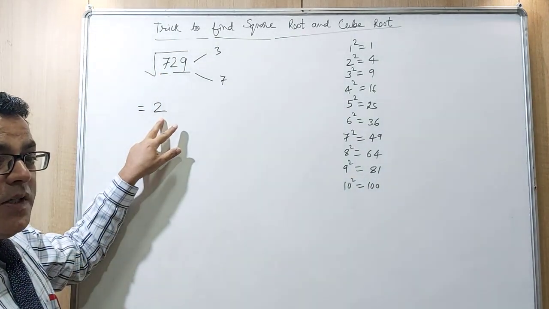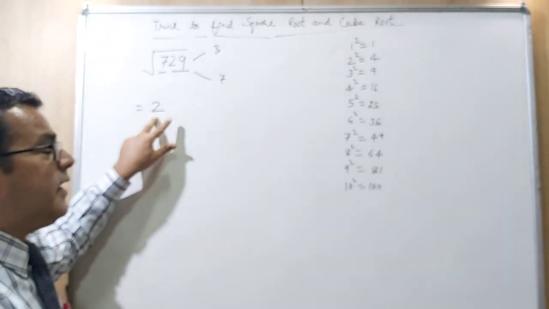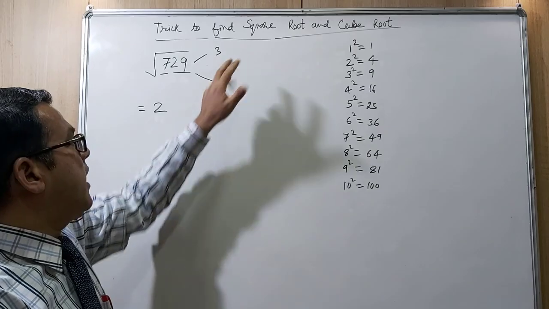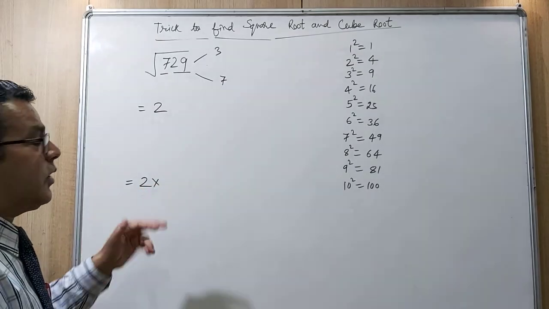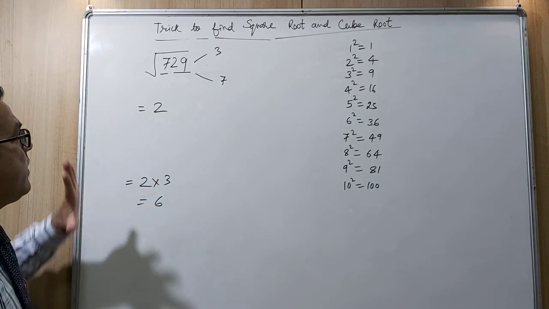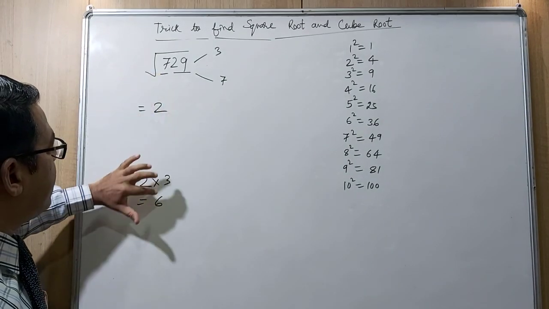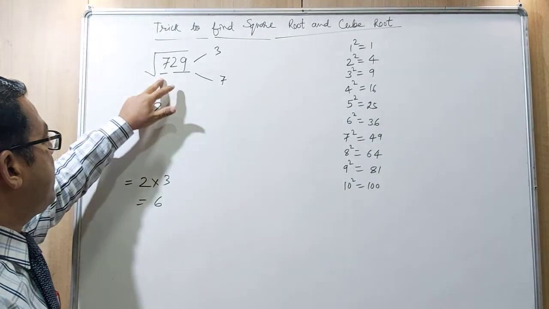So first, it is 100% sure first digit will be 2 and second digit we need to decide from 3 and 7. Now how we can decide it? So the rule says that 2 into the successor of this 2, 3. So 6. Now you can see here this 7 is greater than this 6.